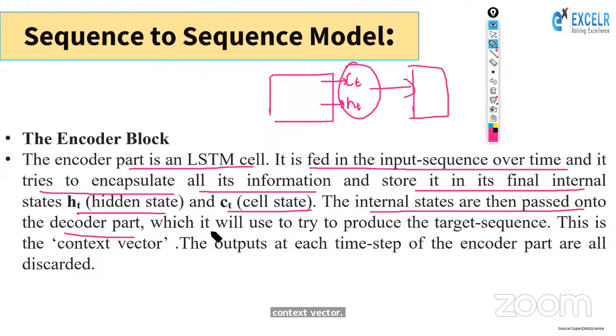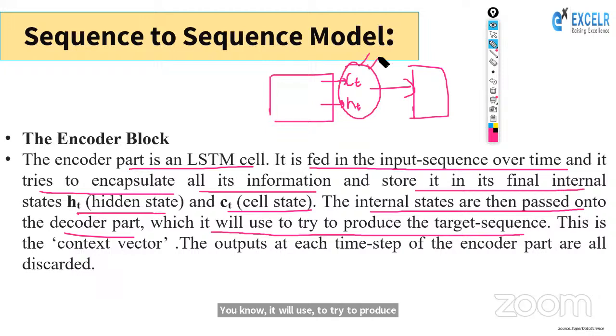In the decoder, it will try to produce the target sequence based on this context vector. And as I told you, this context vector contains the information regarding how important a particular word is, in which context that particular word is being used, and how that particular word is linked to other words, right? So this is what we call a context vector.